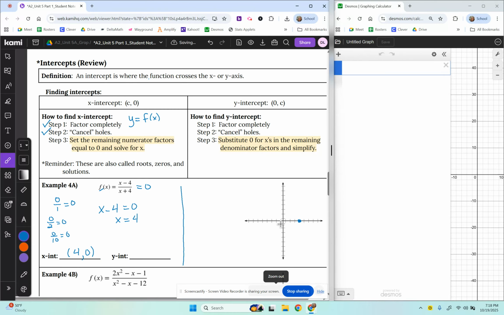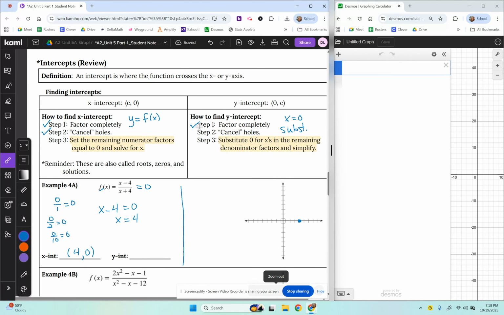Same idea, right? Y-intercept, we're crossing the y-axis, which means we start at the origin, we're not moving left or right. So in this case, my x is 0. So instead of setting my equation equal to 0 and using the numerator, I'm going to substitute. So all of my x's are going to now become zeros, and then we would simplify.